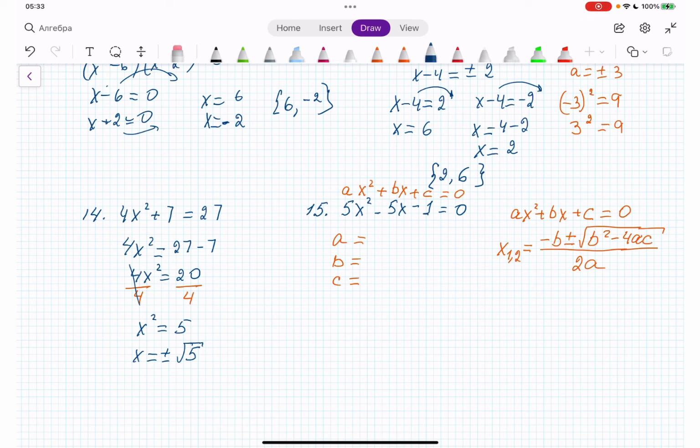So my a is 5, right? My b is negative 5, correct? And my c is negative 1. Okay, now let me clean this carefully.